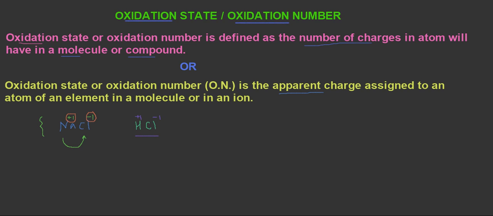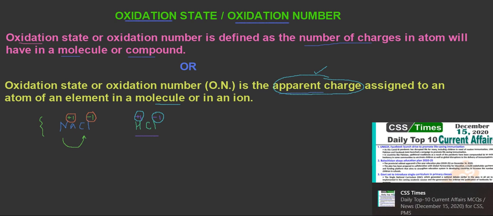Now this positive 1 and negative 1, this apparent charge, as we discussed in the definition, the apparent charge assigned to an atom of an element in a molecule or an ion, is known as oxidation state. So these apparent charges, similarly the positive 1 and negative 1 in sodium chloride, are known as oxidation state or oxidation number.